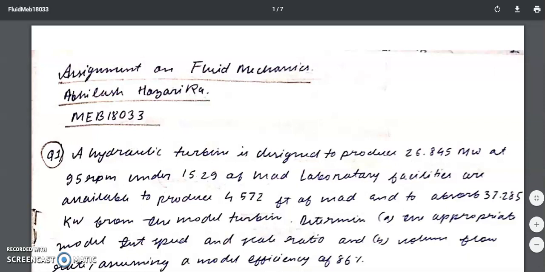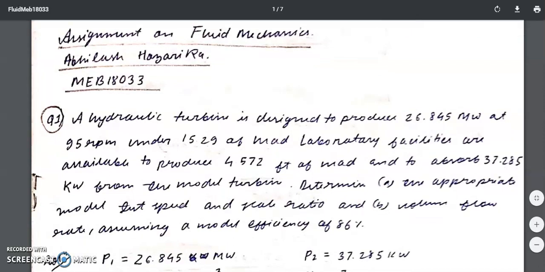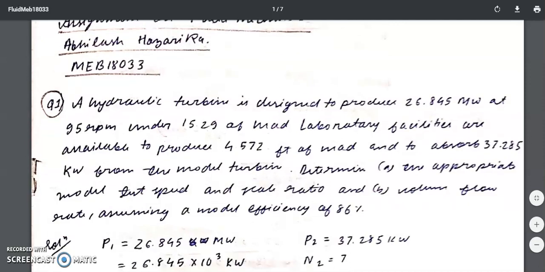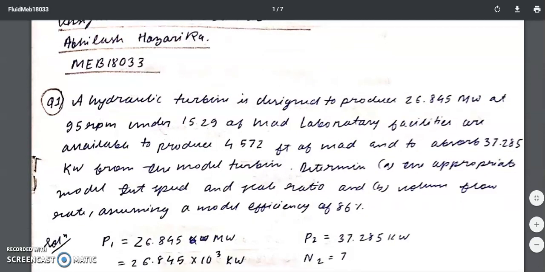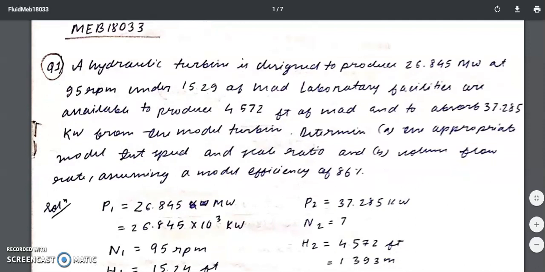So, the first question goes: a hydraulic turbine is designed to produce 26.845 megawatt at 95 rpm under 15.24 feet of head. Laboratory facilities are available to produce 4572 feet of head and to absorb 37.285 kilowatt from the model turbine.